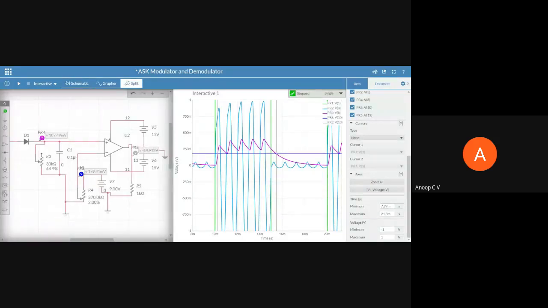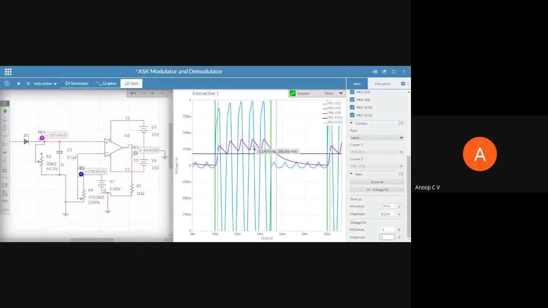Can anyone tell me what is the peculiarity of the point at which we have the trailing edge of the demodulated output? At that point, exactly, the non-inverting voltage is falling below the reference or the inverting voltage. During that period, we'll get a negative VSAT.